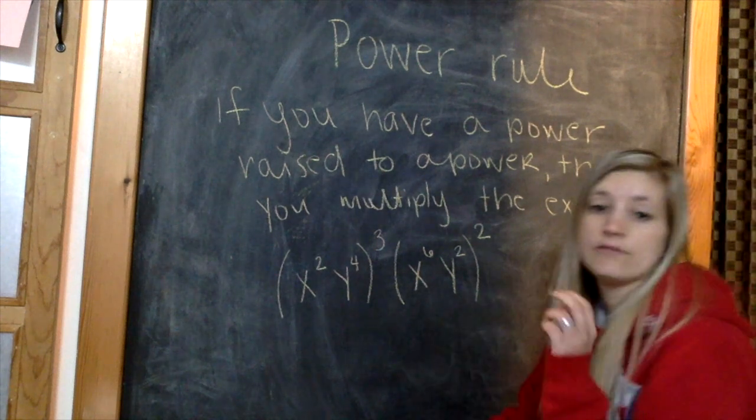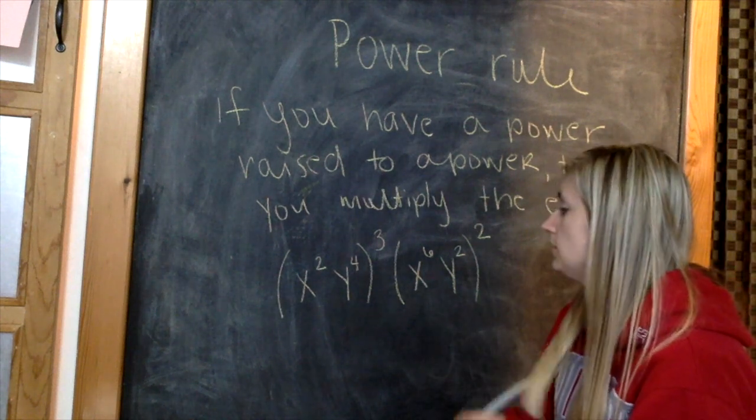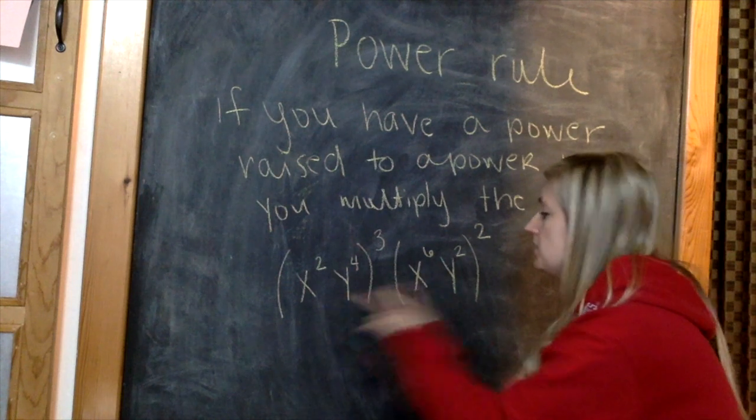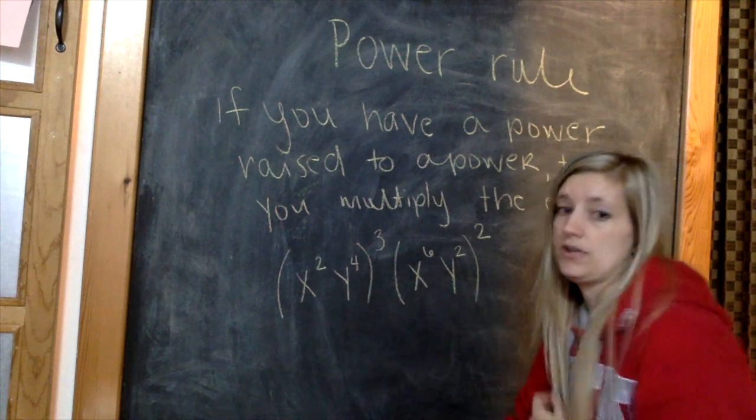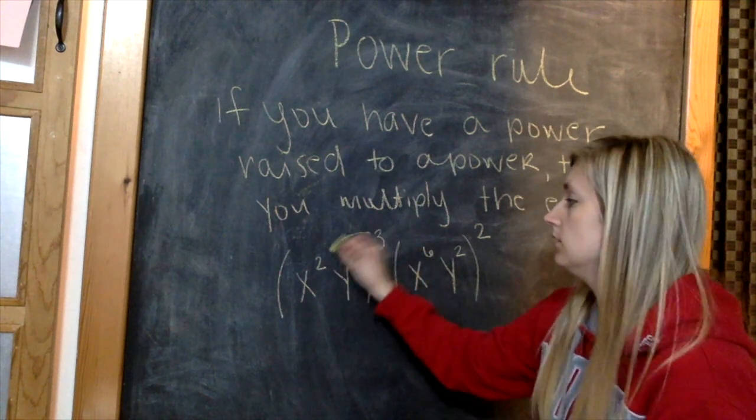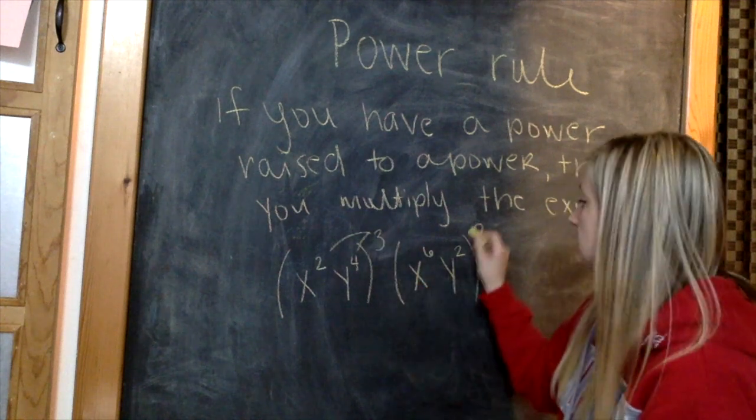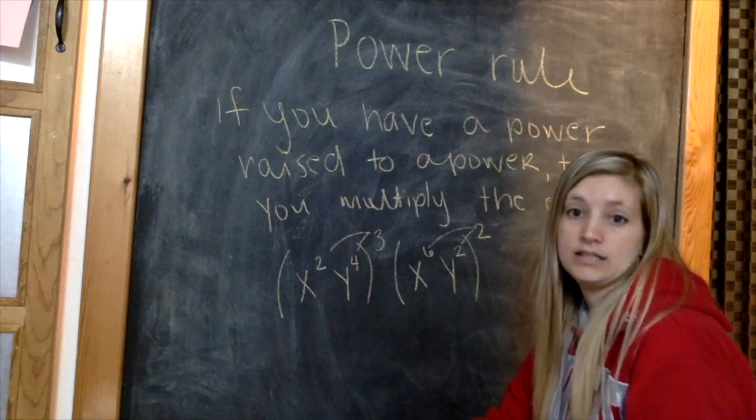Okay, so you have 2 options that you could do. Some of you will put these together first, and then some of you will do that. Okay, I recommend multiplying your exponents together and then go ahead and adding them up.